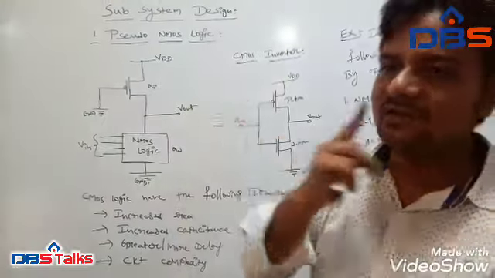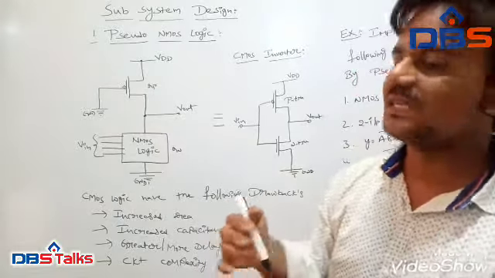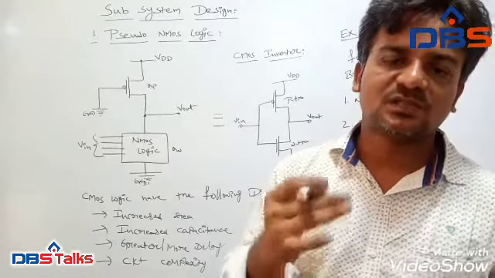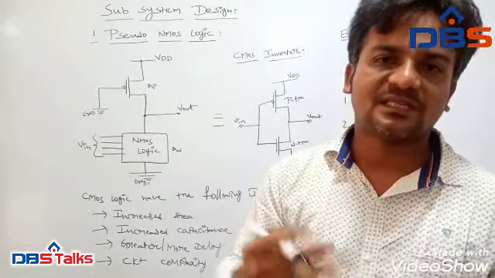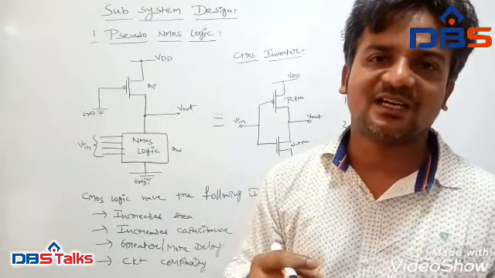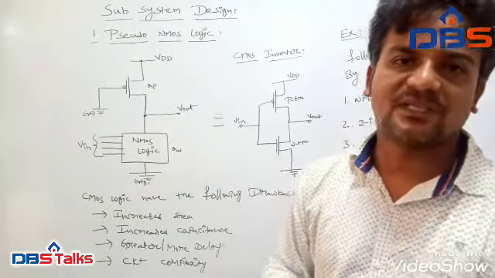Whatever the logic functionality, we know it consists mainly of two types of operations: AND operation, that is multiplication, and OR operation, that is addition.